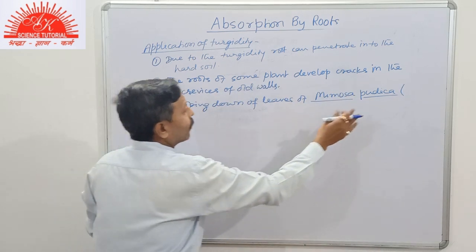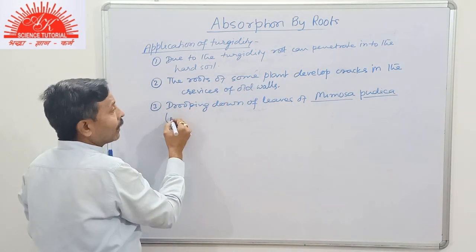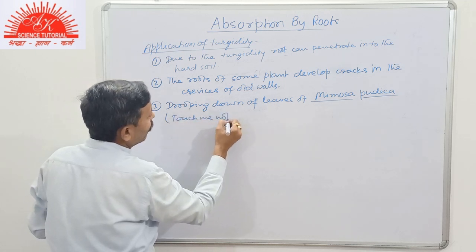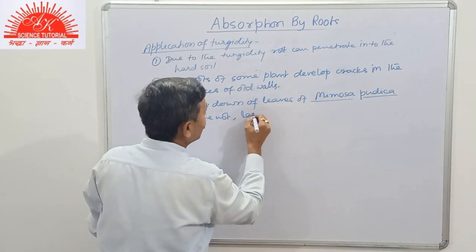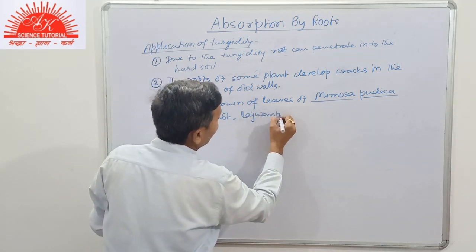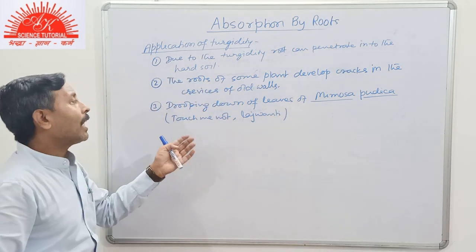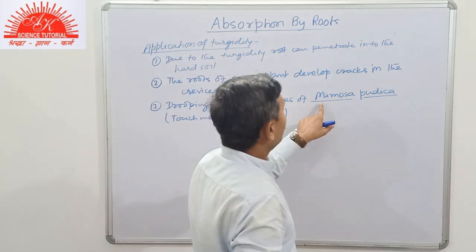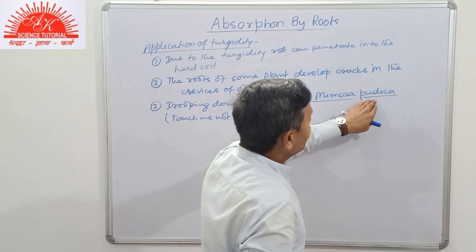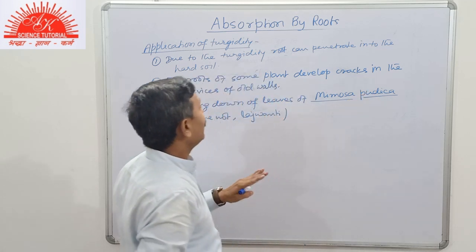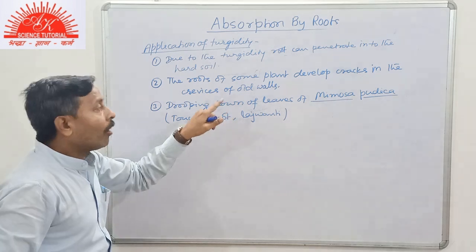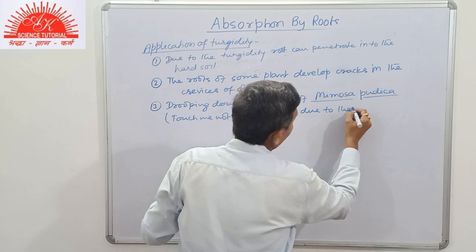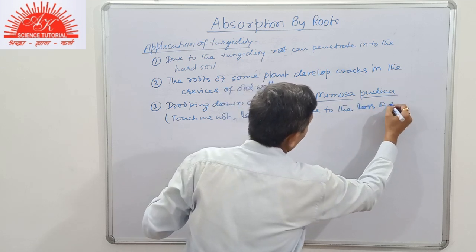The common terms for it are touch me not, lajwanti, chui mui. These are the different terms used for Mimosa pudica. Now this is the biological term. So the first word is written with a capital letter, the second word is written with a small letter, and they are separately underlined. So drooping down of leaves of Mimosa pudica is due to the loss of turgidity.